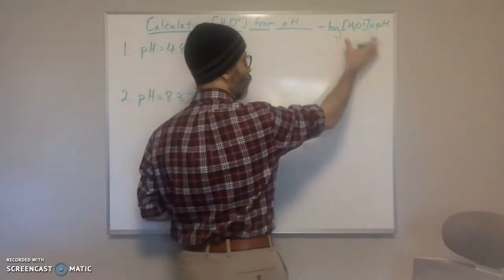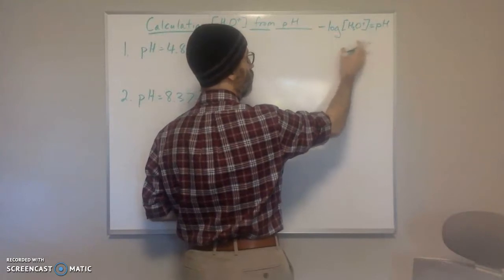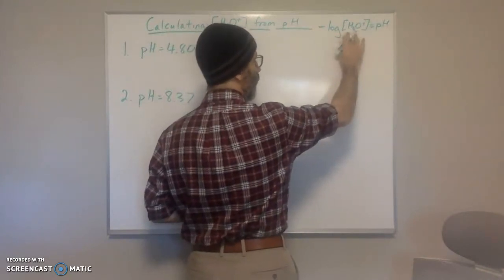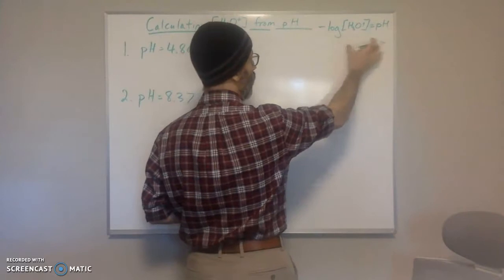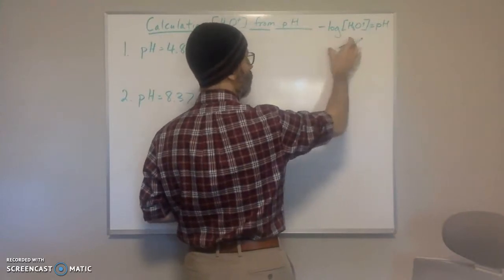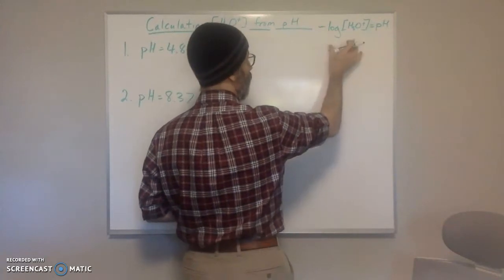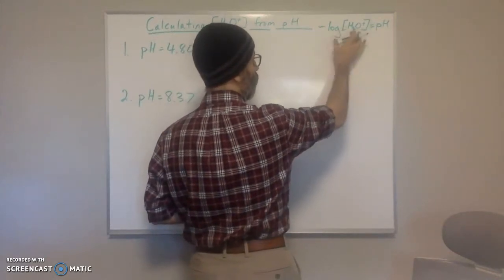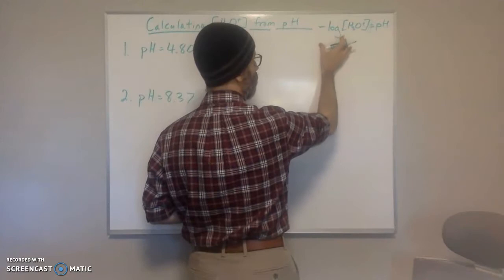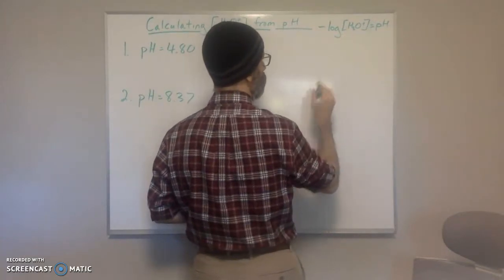But if you undo this, right? So if I solve this for H3O plus concentration, then what I do is I have to undo the log. So basically I would raise everything to the power of 10, right?